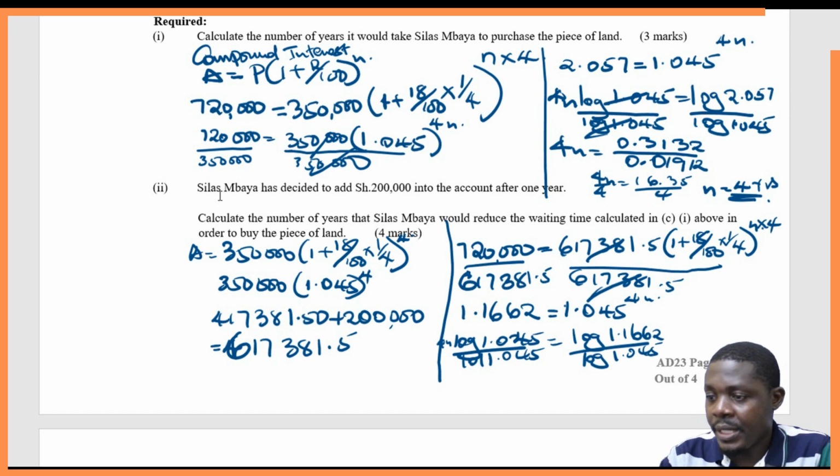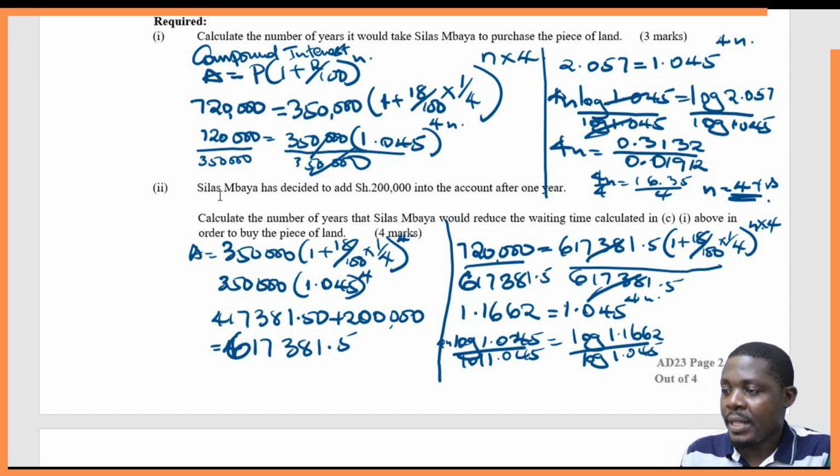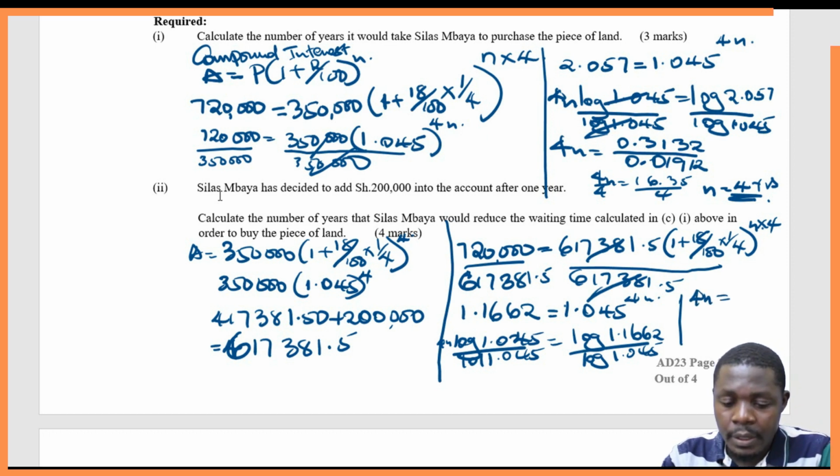Let me just equate and have the final answer there. And 4n will be log 1.1662 divided by log 1.045.